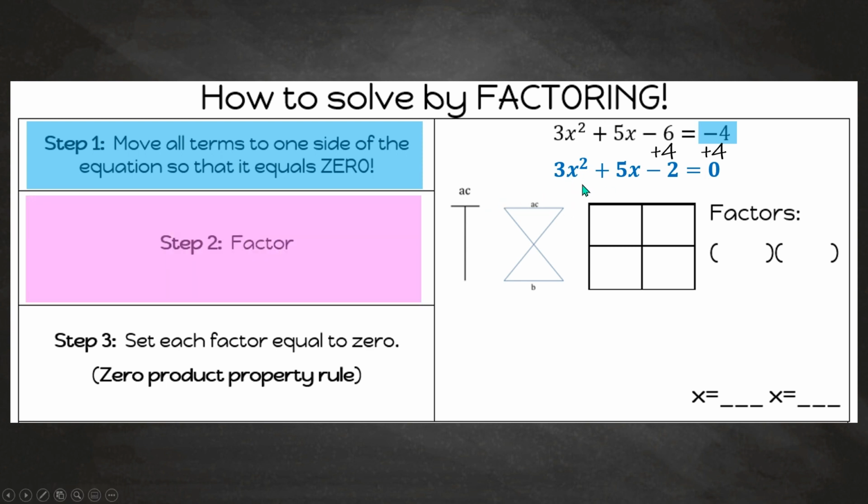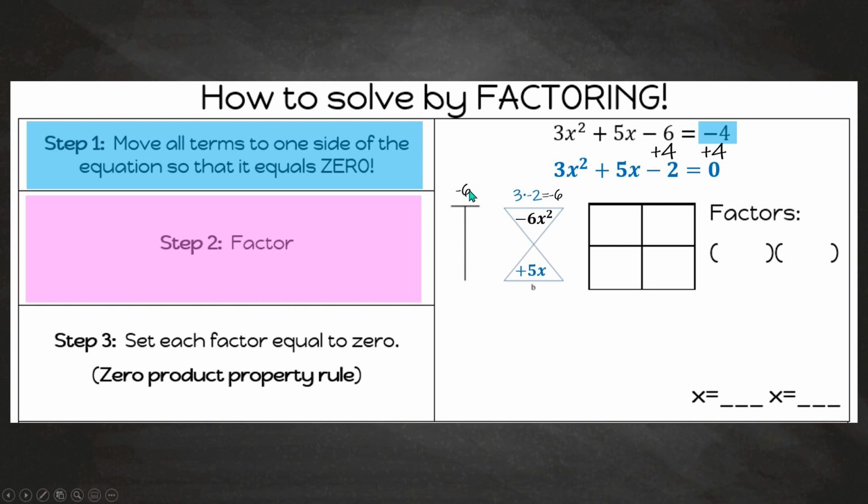So now that my quadratic equation is equal to 0, I need to factor it. We learned how to factor a quadratic polynomial in our previous module 9. We're going to take this a term, 3, and our c term, negative 2, and multiply those together, and we get negative 6. So we have negative 6x squared in the top of our hourglass. And in the bottom of our hourglass, we have the number 5, because that's our b term, so we have a positive 5x.